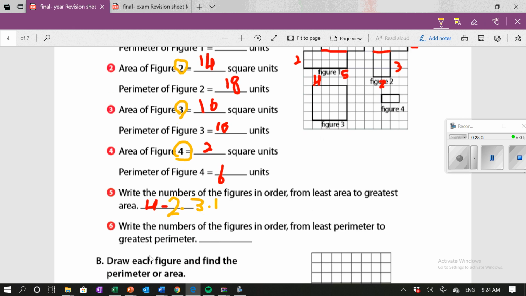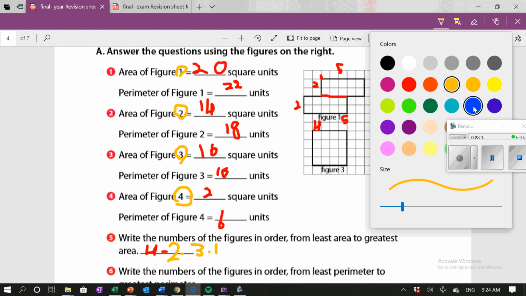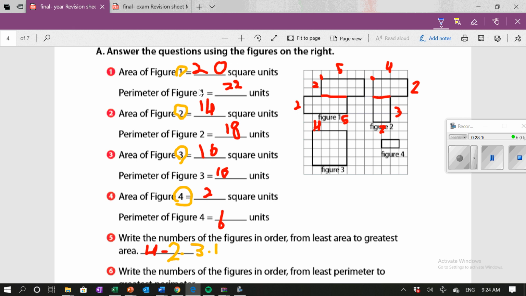Write the number of the figures in order from least perimeter to the greatest. So let's change the color. Let's make it, for example, blue. Here is the perimeter. Here is 1, 2, 3, and 4.